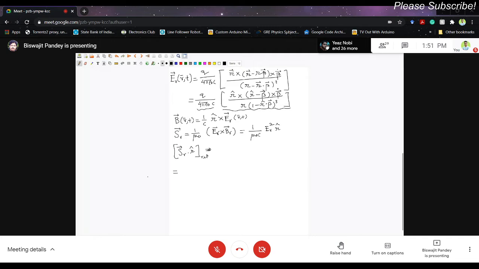You see, mu naught and epsilon naught are related, so 1 by mu naught epsilon naught is c square. I have taken that into account here. I am always keeping 1 by 4 pi epsilon 0 separate from the entire formula. It is up to you if you want to mix them up, but I am doing this for the sake of conversion from one unit system to the other. And q square by 4 pi c.